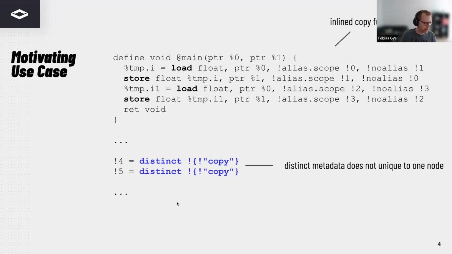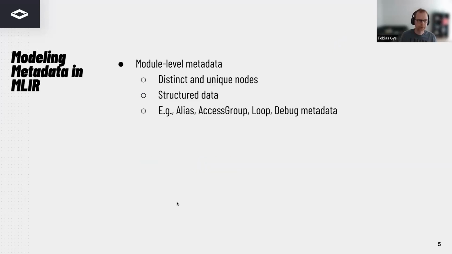So that's basically what we want to model when we import or export from or to LLVM IR. Yeah, if there are questions, please. If something is unclear or I went too fast, please interrupt me.